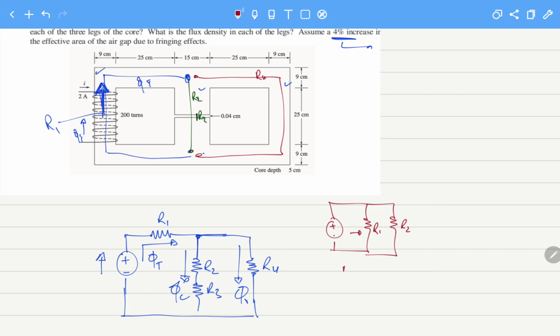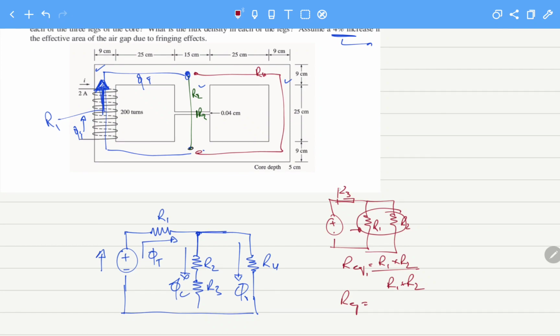Their equivalent resistance will be R1 into R2 divided by R1 plus R2. And this will become the equivalent of two parallel impedances. And if we have an impedance R3 here, so the total R equivalent will become, here we have R3.